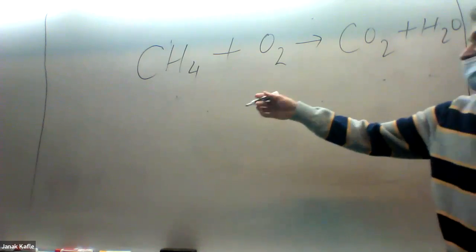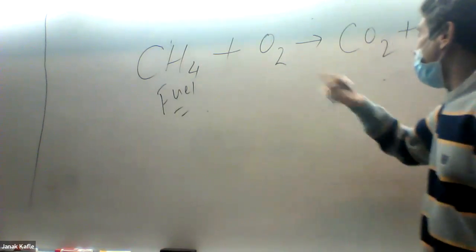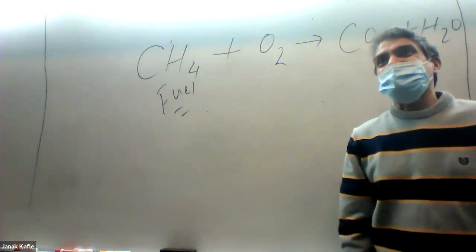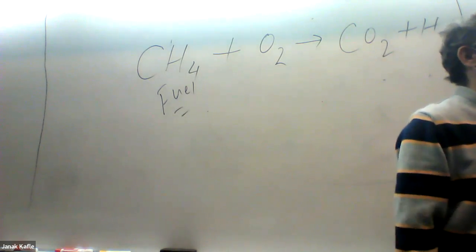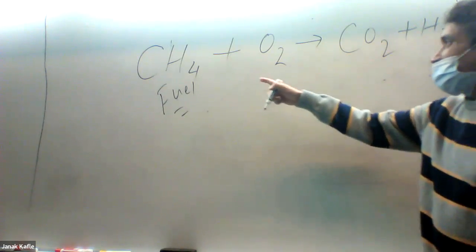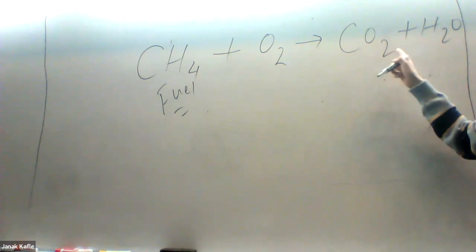So this is the fuel, right? You burn the fuel with oxygen, and you get carbon dioxide and water. Can you combine carbon dioxide and water to give back the fuel again? Impossible, right? If we could do that, we wouldn't have to go to the gas station to fuel the car. You burn the fuel with oxygen and drive your car, producing this and this.